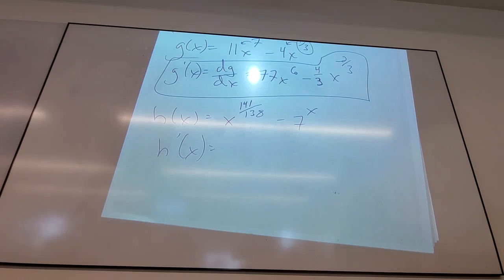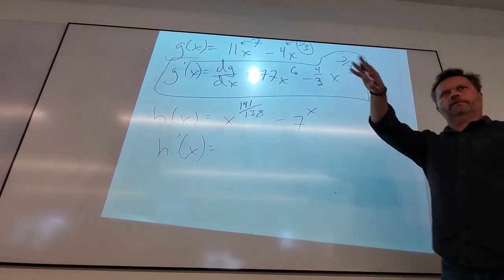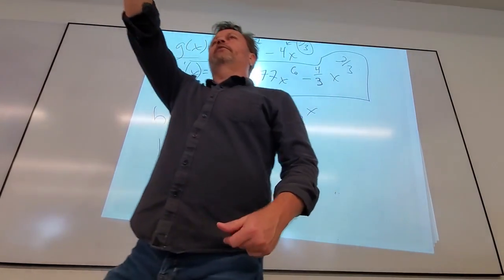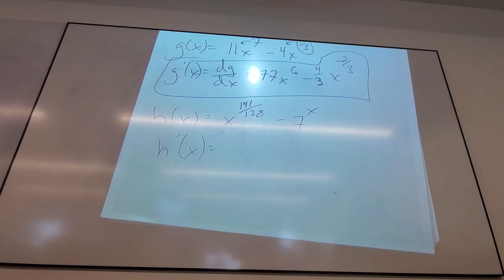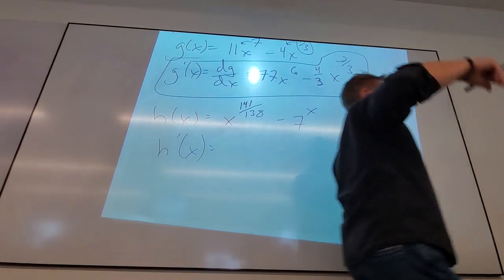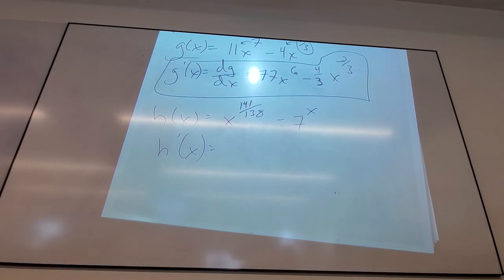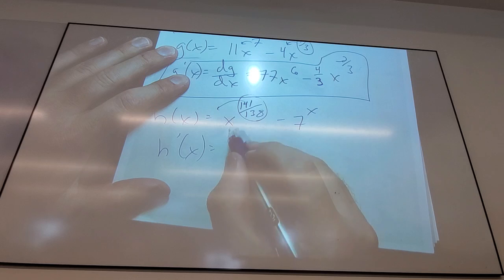What I try to say in each of my math levels that I teach is that I have a process that does not care what's there. So the process for x to any number is the same, no matter what. Just the thing that's in the power could get gross. But the process doesn't change, thank the gods. So what's the process for x to a power? The power comes down.